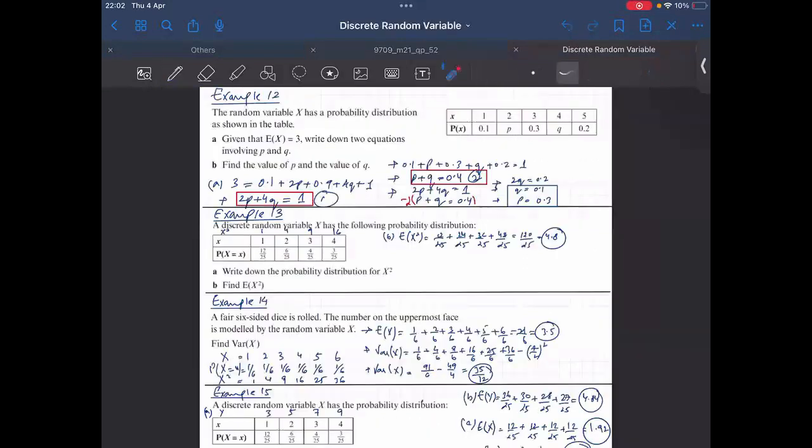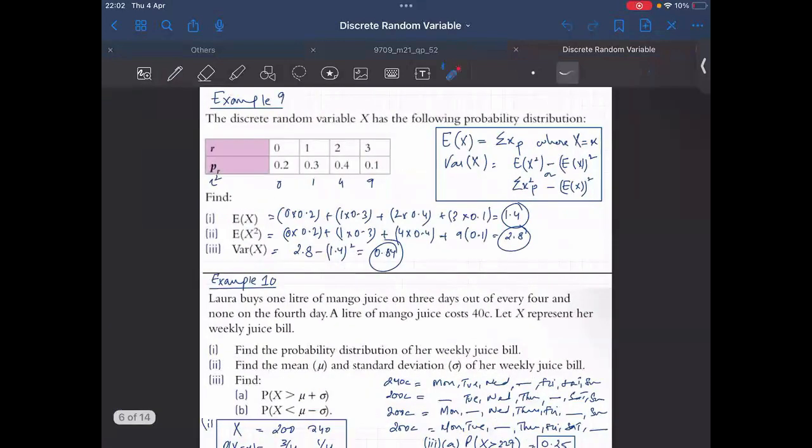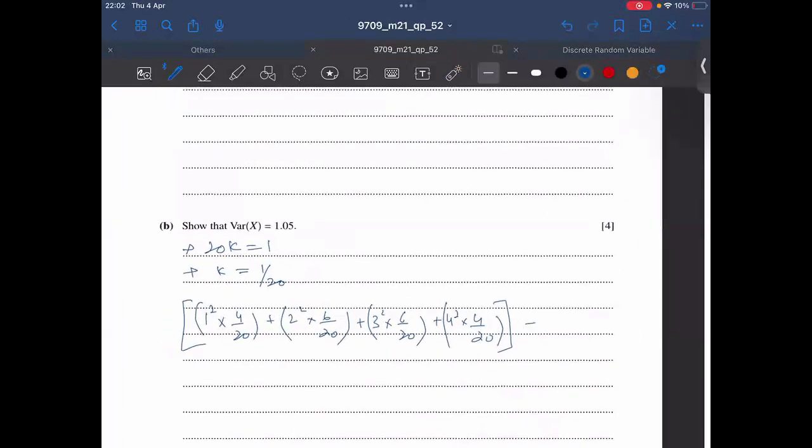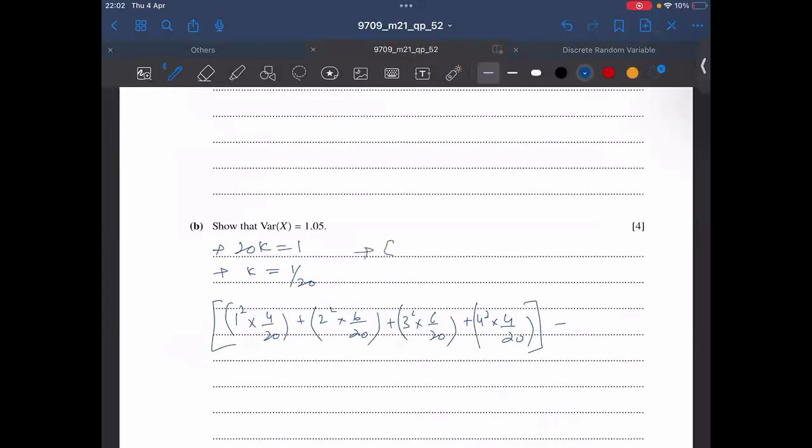So here you have the formula for mean, xp. So let's first calculate. Here we can calculate the expected value of the mean value. That is 1 times 4 over 20 plus 2 times 6 over 20 plus 3 times 6 over 20 plus 4 times 4 over 20.